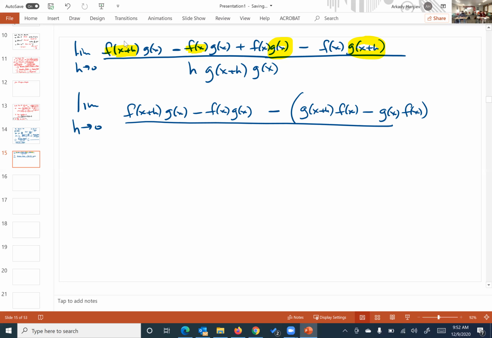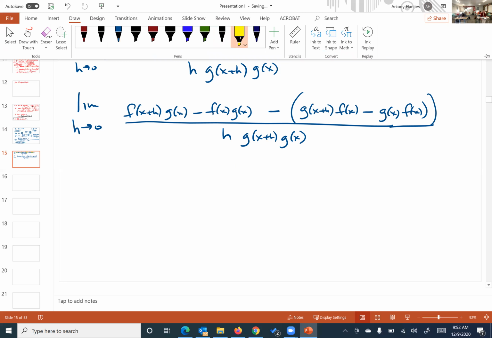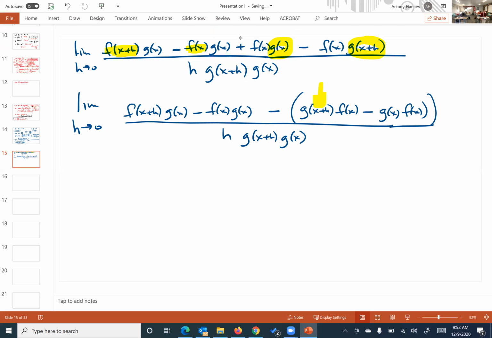Everybody okay with that? So I subtracted that piece out and the bottom is still the same, no problem. So I just switched them. Now I like this part right here. Highlighting again, now I like it like this. I like the fact that I have a g of x plus h, and then the g of x is right there.